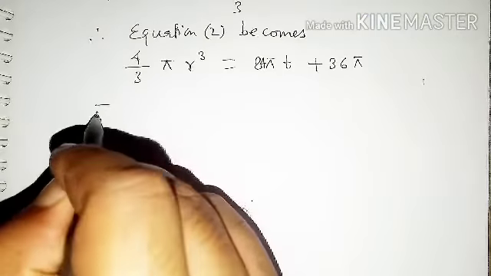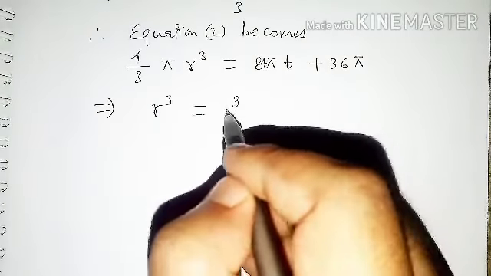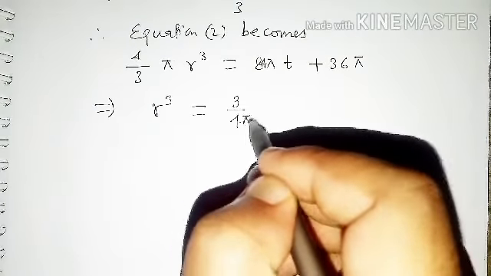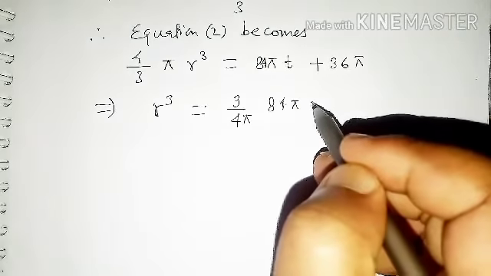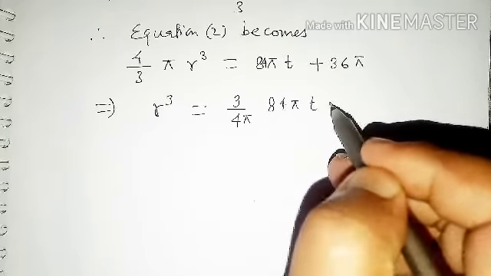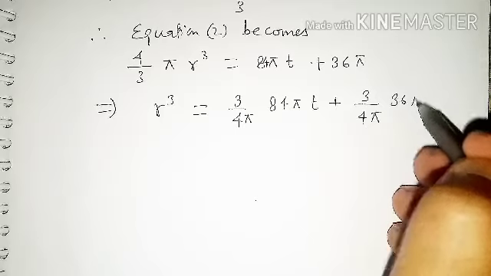This implies that r cube is equal to 3 by 4 pi times 84 pi t plus 3 by 4 pi times 36 pi.